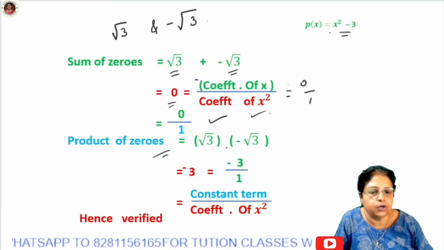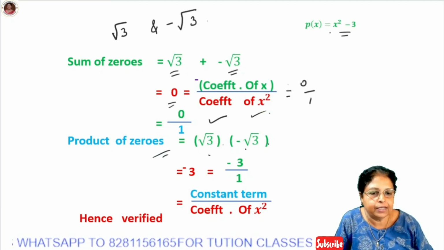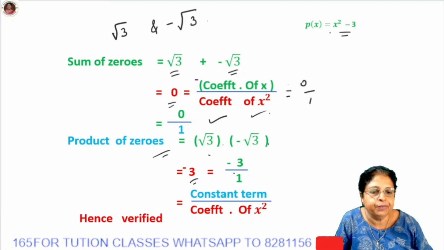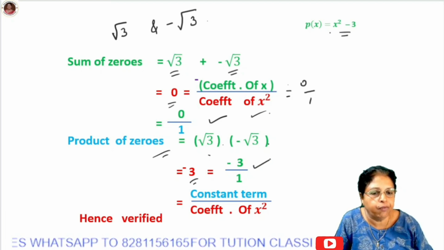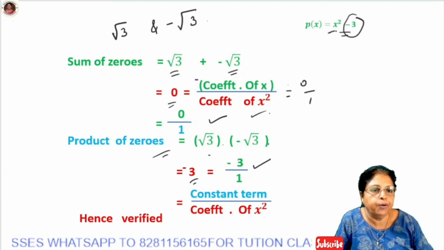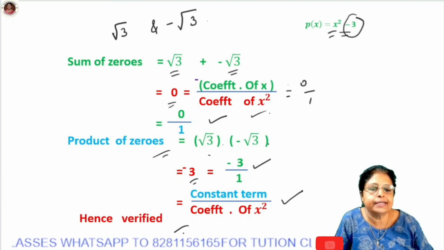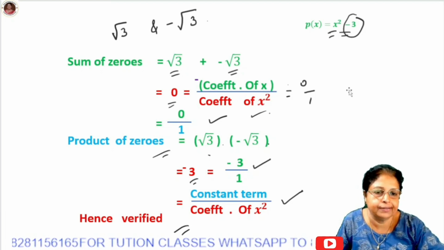Then the product of the zeros is root 3 times minus root 3, that is negative 3, which is equal to negative 3 upon 1, the constant term upon the coefficient of x squared. So hence it is also verified.